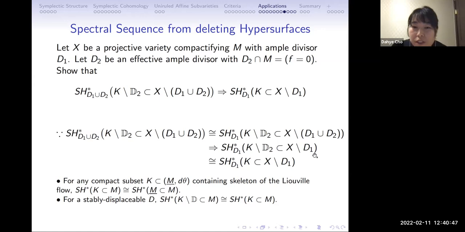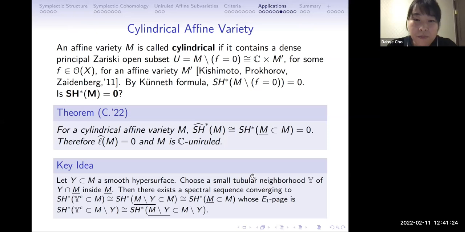So we get a spectral sequence, and then using a small neighborhood of boldface D2, which can be stably displaceable, this relative symplectic cohomology is isomorphic to the relative symplectic cohomology of K inside of X minus D1. So this is the idea of the theorem.